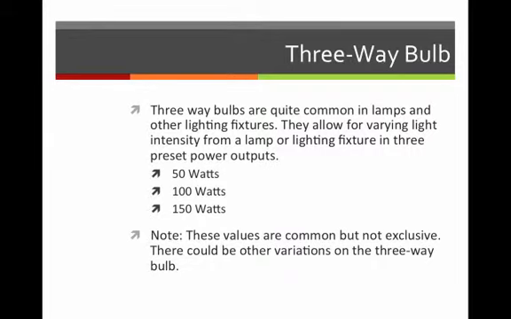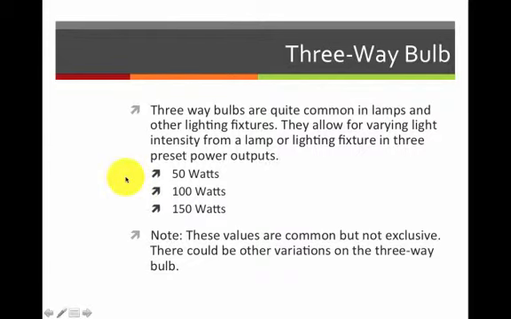Okay, three-way bulbs are quite common. For the most part, most three-ways are still incandescent, which is different. We've seen a lot of CFL, or those energy efficient spirally bulbs. However, incandescent bulbs still very much dominate the three-way arena for a couple of reasons. The first being that there are actually multiple filaments.